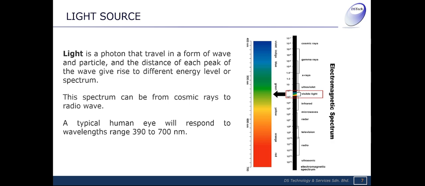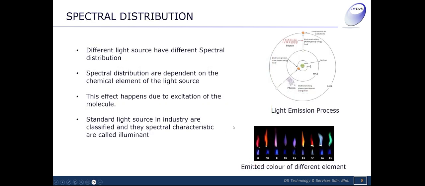For example, I have another slide here showing the emission of light, or color of flame, emitted by different elements. This is why it's important for distinguishing chemical compounds or elements based on light, because they all give different signatures, different colors of light.